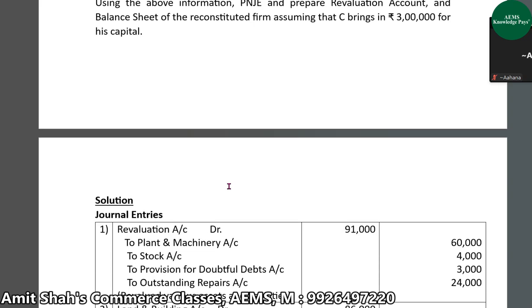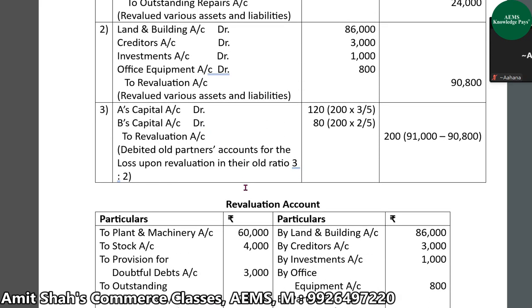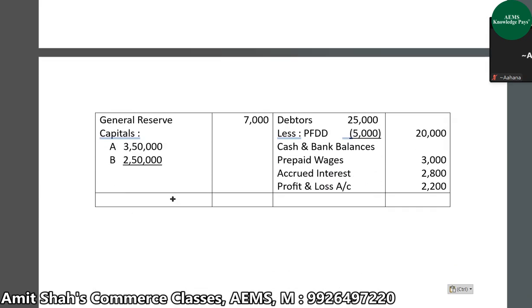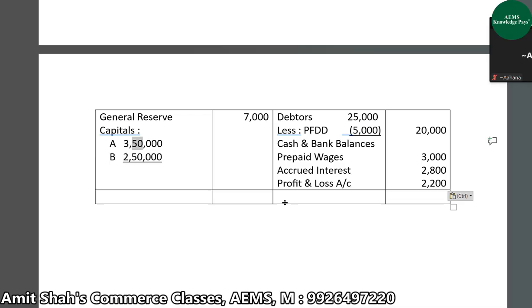Now it has decreased by 120. So the balance now would be 3 lakh 50,000 minus 120, that is 3 lakh 49,880. And B's capital balance has been debited, meaning decreased by rupees 80. So now it would be 2 lakh 49,920.